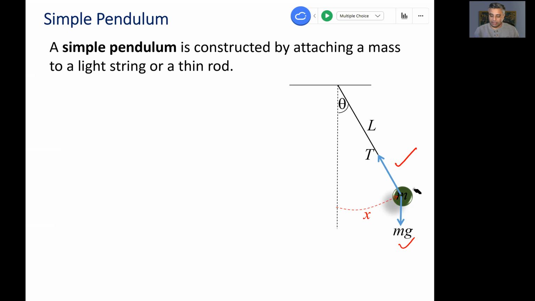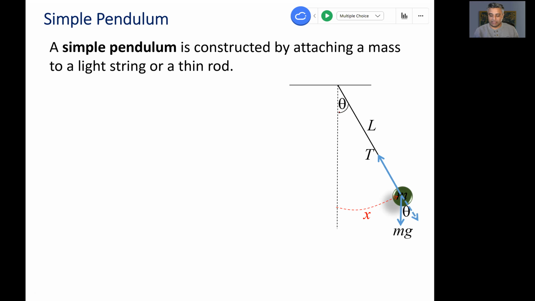And it's easier if we assume a coordinate system, one along this direction, another perpendicular to it. And when we do that, T is going to be along one of the coordinate axes, but mg is going to be along neither this line nor that line, so we need the component of mg. So let's find the component of mg here.